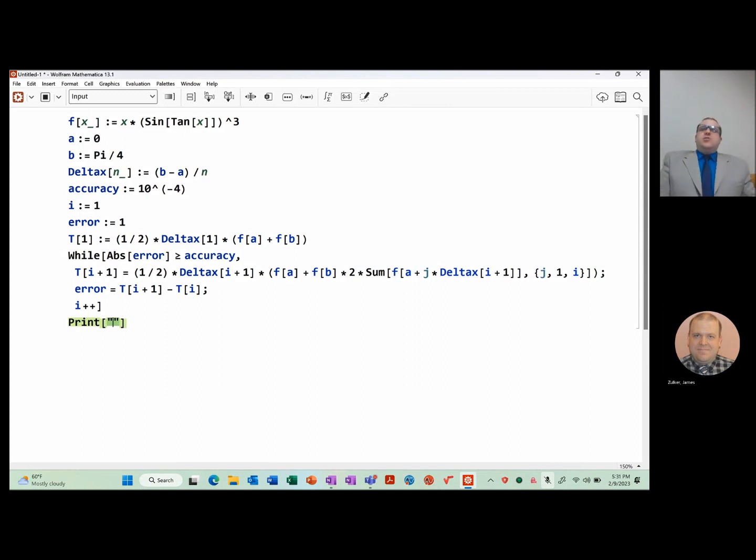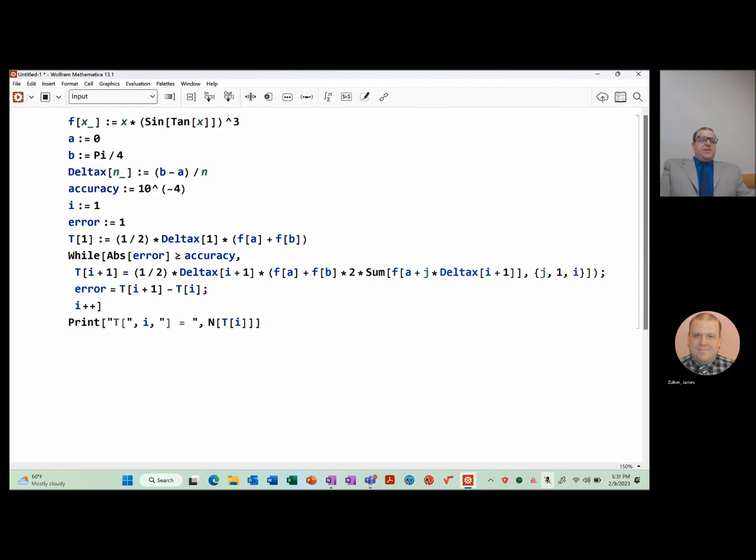Anything you put inside quotations, it's going to print out as text. I think that will get me what I want.